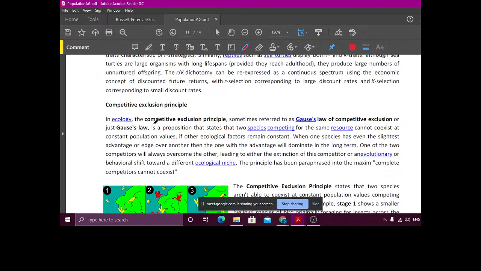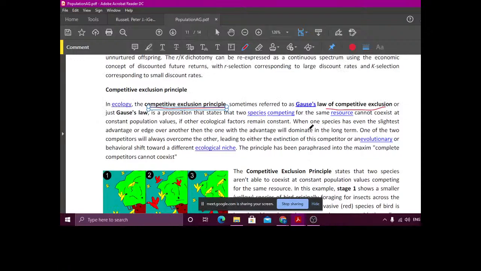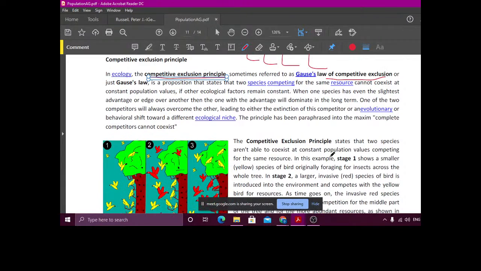Then we have the competitive exclusion principle, also known as Gause's law of competitive exclusion. In this there is one simple statement: complete competitors cannot coexist. That means two species are not able to coexist at constant population values while competing for the same resources.